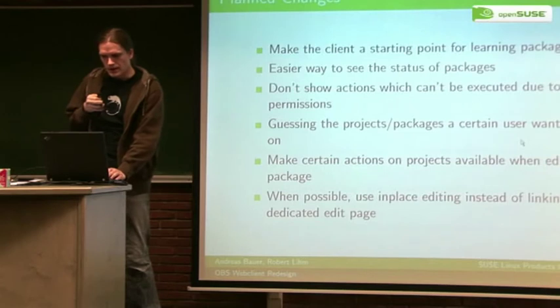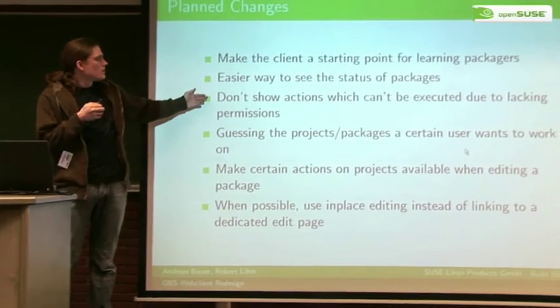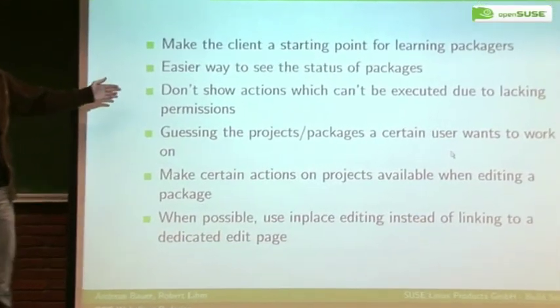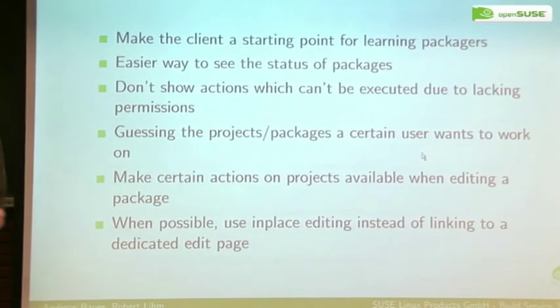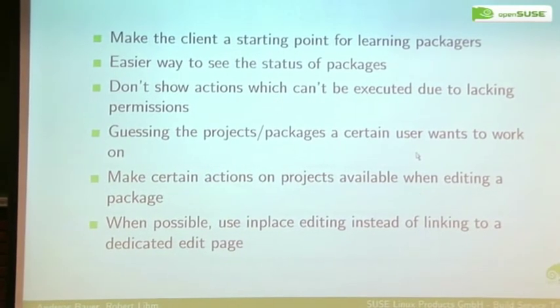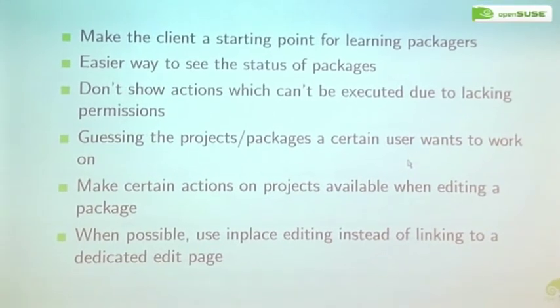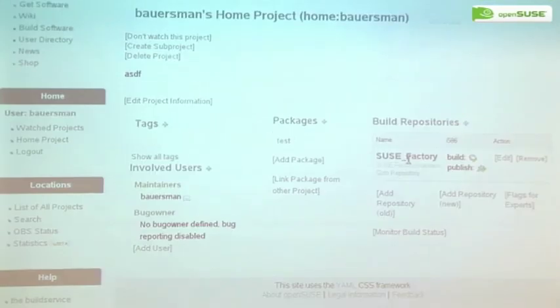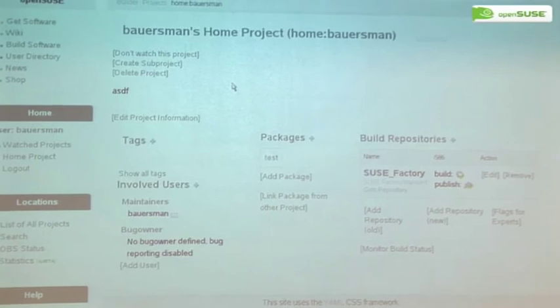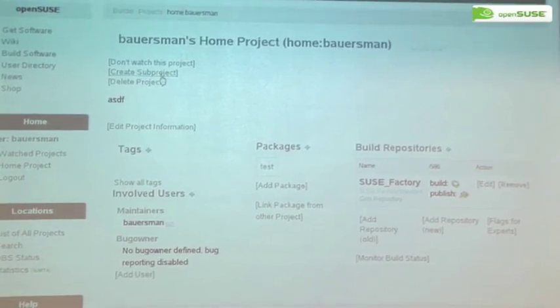Okay, another thing is we don't want to show actions that users can't execute on specific projects they look at. For example, now I am in my home project, which I can fully edit. I can create sub-projects.